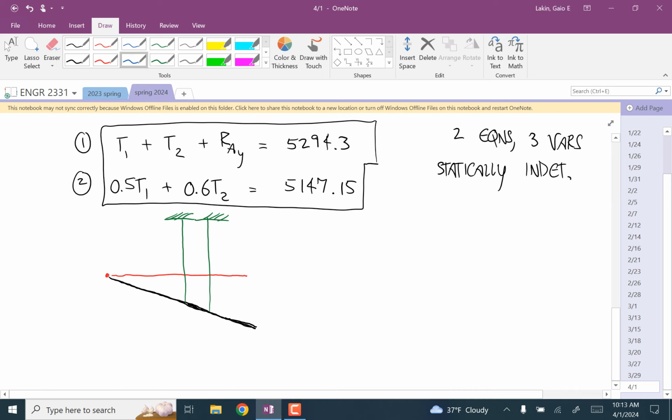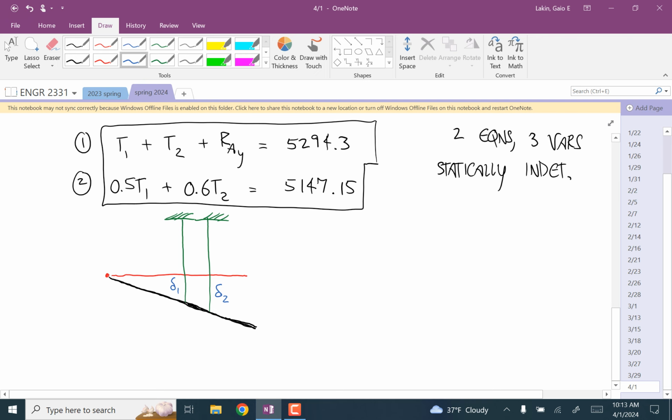So this right here is the elongation of cable 1, the section that goes from the red line to the currently deformed position. And this one is the elongation of 2.